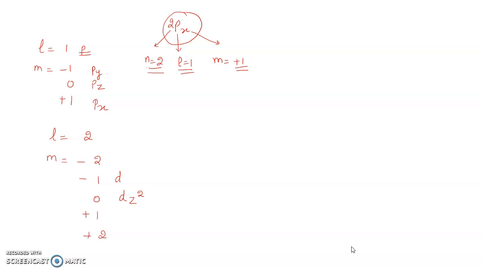For -1 and +1 we assign the value dxz and dyz, any value we can assign to it. Similarly for dxy and dx square minus y square, any value we can assign out of this. We can write dxy, we can assign +-2. Similarly for dx square minus y square, +-2. It can be assigned plus value or minus value.